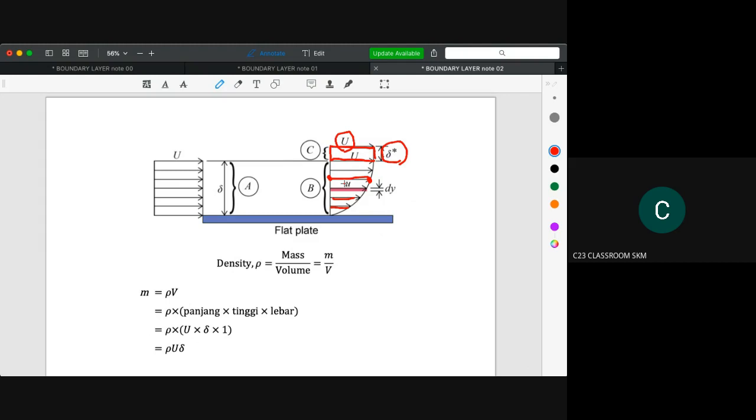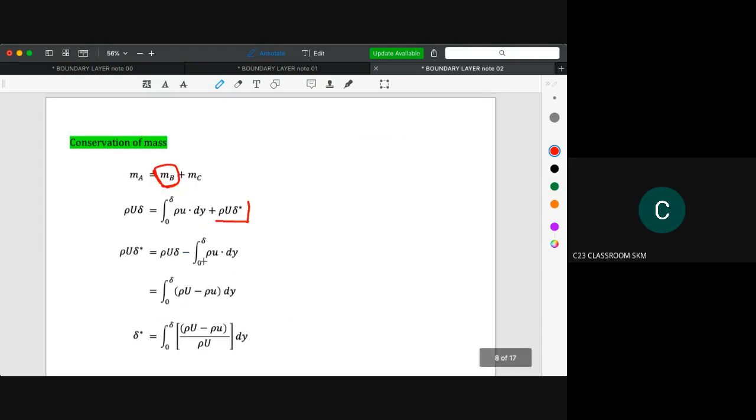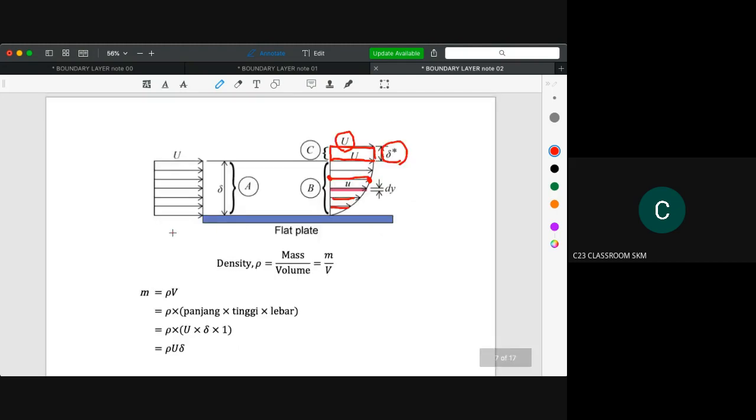So what we need to do is use the idea of integration. I think you already know how to do this, because in chapter 1 you learned about the integral method. It is the same idea actually.